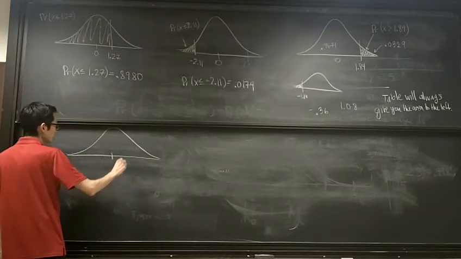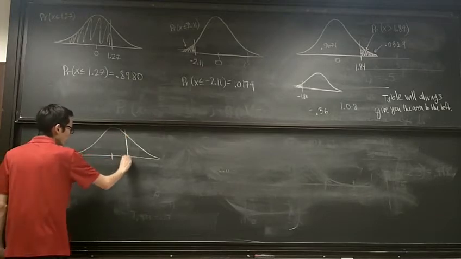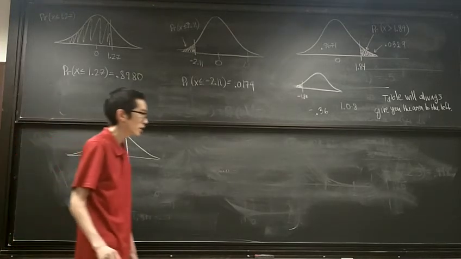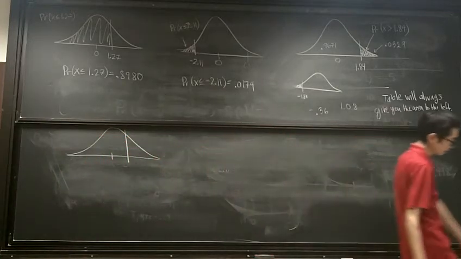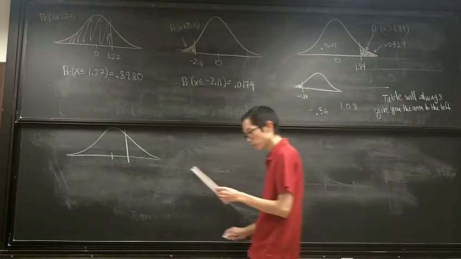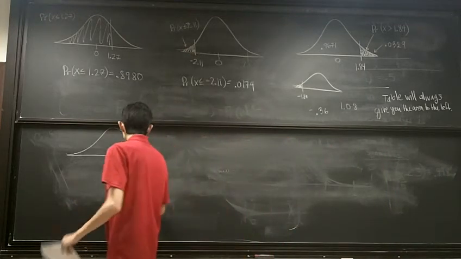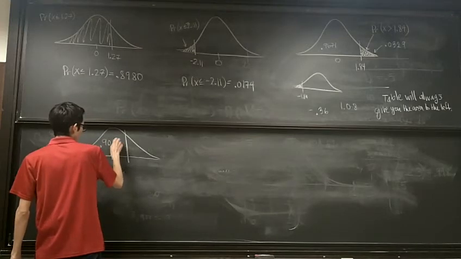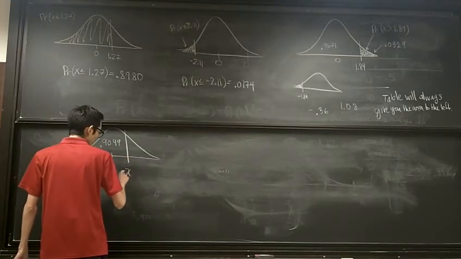Okay, so let's say this time I draw a line right here, and let's say the area I get to the left is 0.9099. Where did I draw my x?